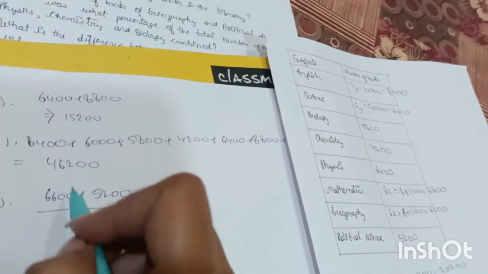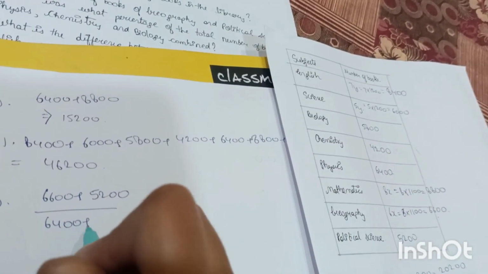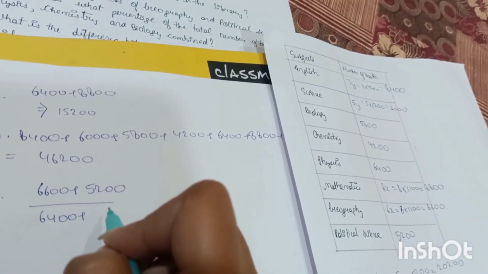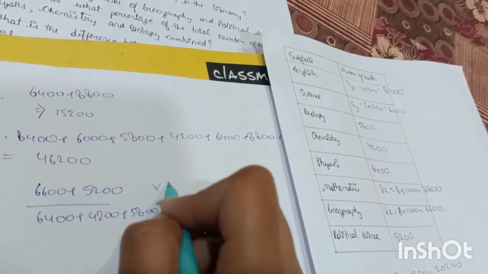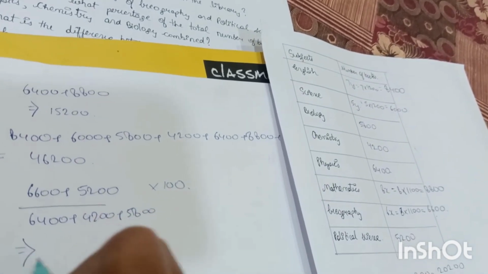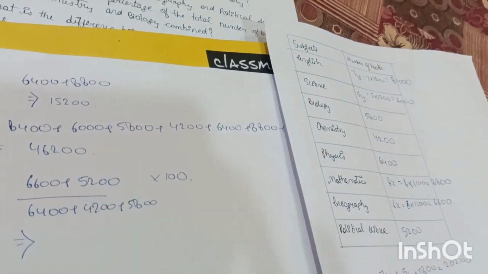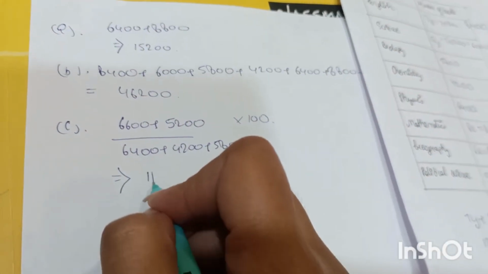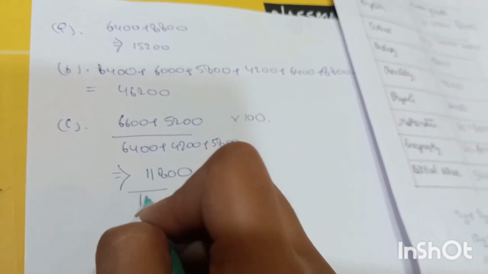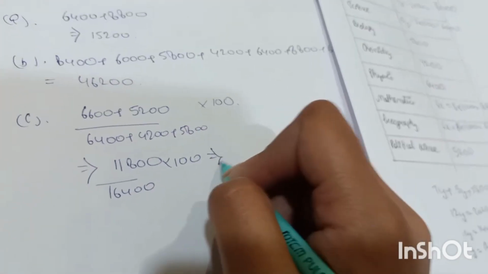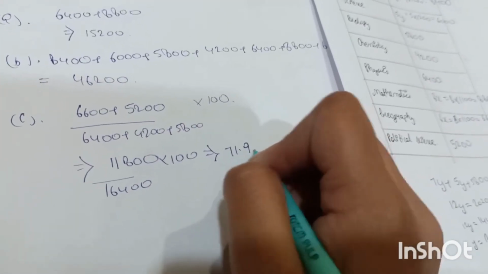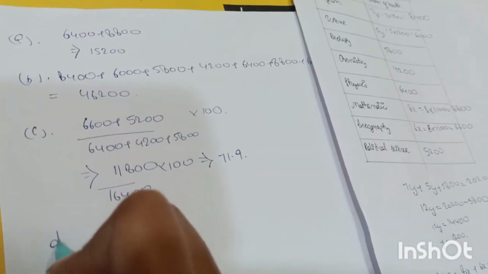So physics, chemistry and bio into 100. So by solving you will get the value as 11,800 upon 16,400 into 100. So we will get the value as 71.9.